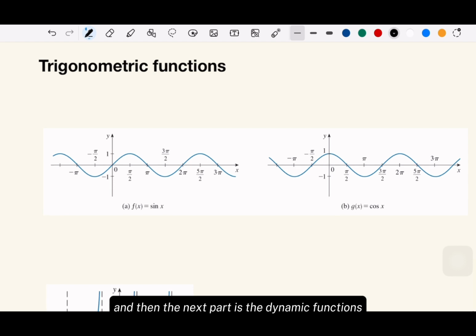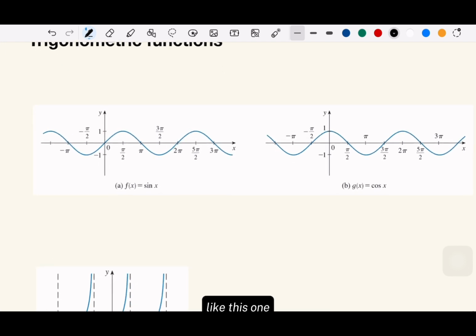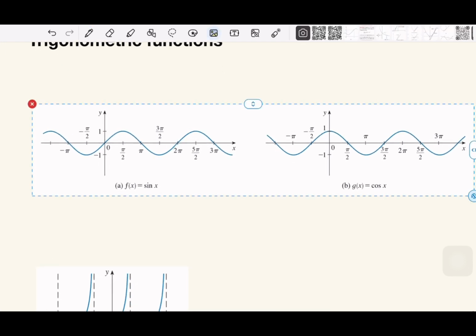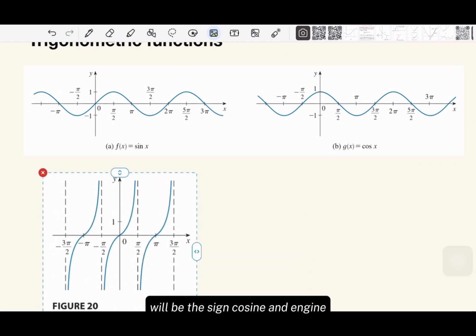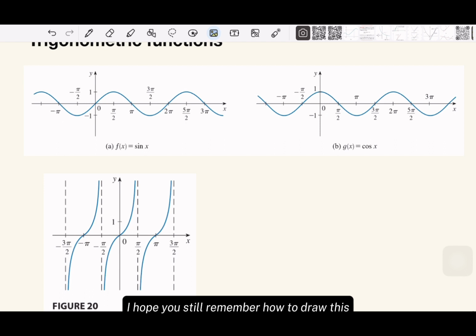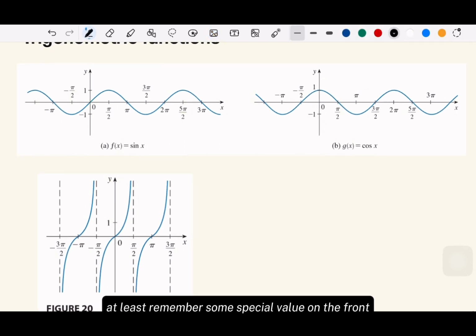And then the next part is the trigonometric functions, like this one. Then the usual part will be the sine, cosine, and tangent. Okay, I hope you still remember how to draw this, at least remember some special values in trigonometry, because I think in most cases we are going to involve trigonometry.